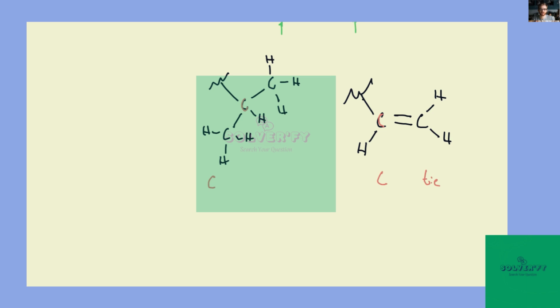So in the case of the red carbon on the isopropyl, we've got carbon, carbon, and hydrogen. And on the right-hand side, we've got carbon, carbon again for the double bond, and hydrogen. Carbon, carbon, and hydrogen. Okay, at this point, they are still tied.